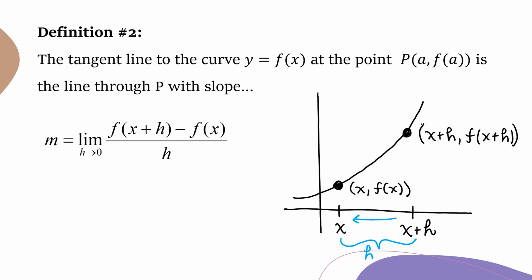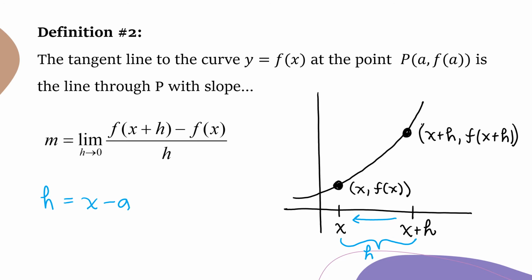So that's essentially looking at as h approaches 0. And h is actually x minus a, so the distance between x and a. And we're looking at the distance becoming 0.